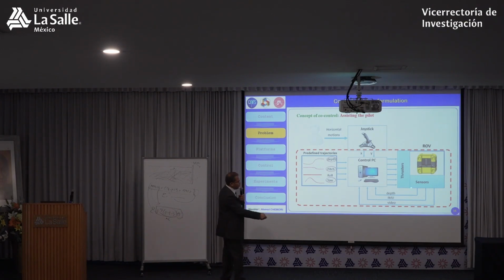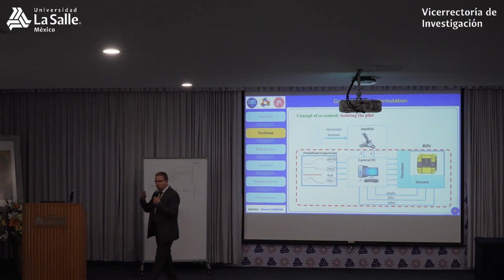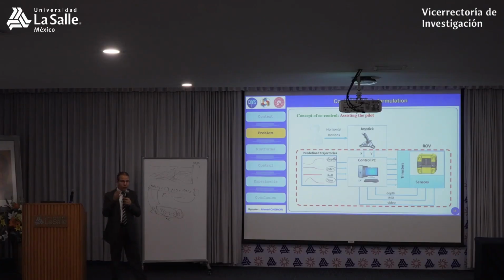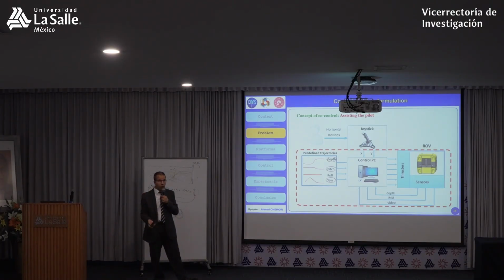However, all the other degrees of freedom, like the depth, roll, pitch, and yaw, camera, and so on, we can close the loop using those measurements, and we design a controller here. And then here we design the reference trajectories to control the vehicle to make this mission by following the reference trajectories. This is assisting the pilot, or the concept of the co-control.